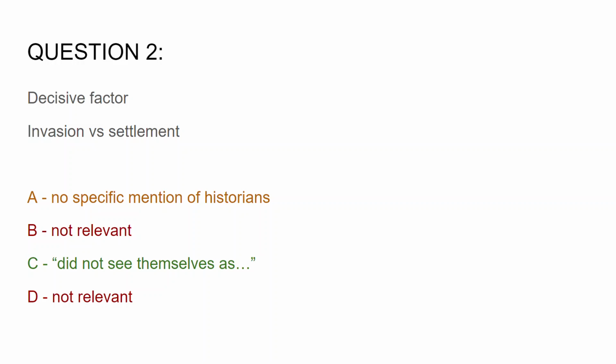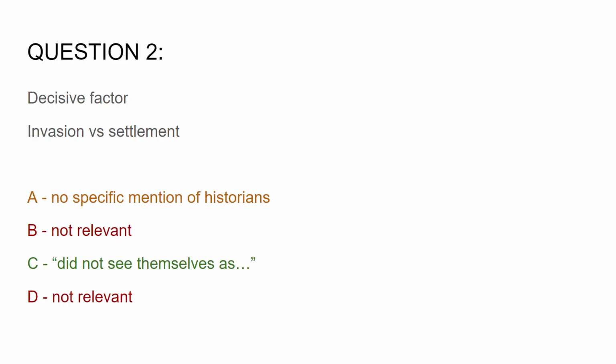But this answer specifically mentions a historian, and there is no specific mention of historians in the comment. There are mentions of historical events such as Hitler's occupation, but there's actually no specific mention of a historian or the occupation of historians, which is why that is wrong.